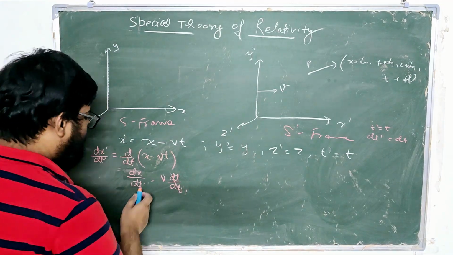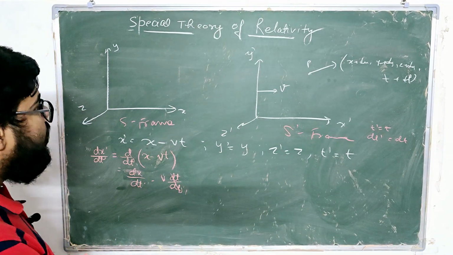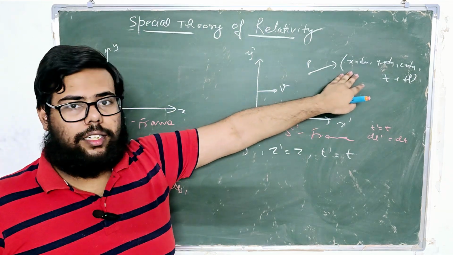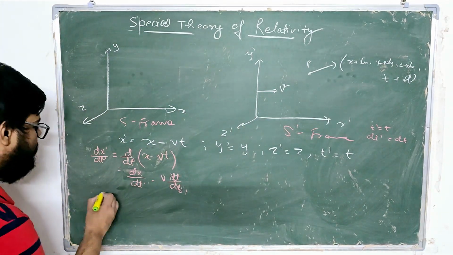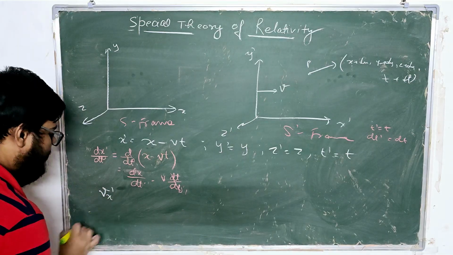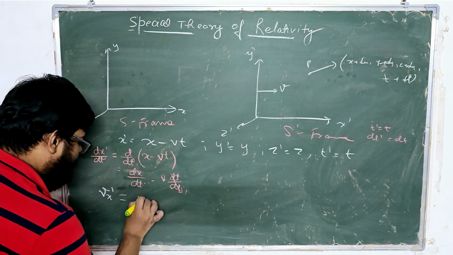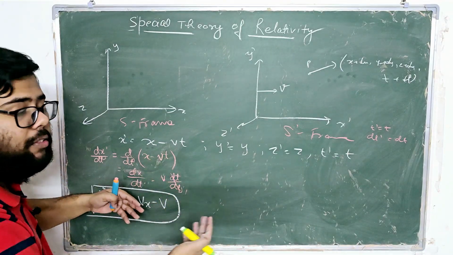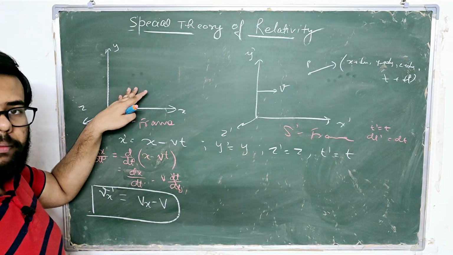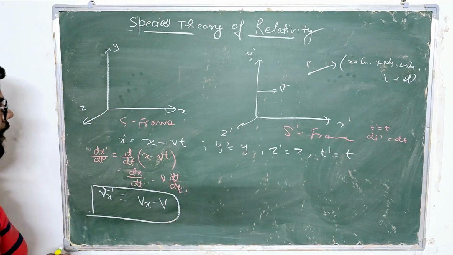Okay. Now what is dx by dt? dx by dt is the velocity of the particle with respect to S frame, right? So we can say that Vx dash is equal to Vx minus the velocity of S dash frame with respect to this frame. Okay, so this is Vx.